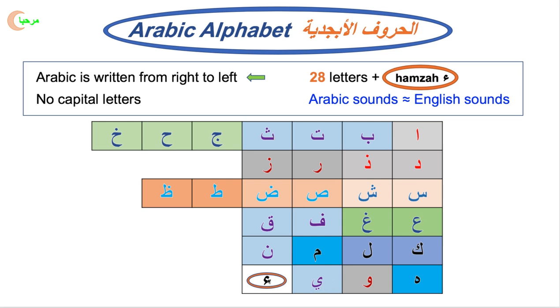Now the last one here is actually the Hamza, the special character called Hamza. And the Hamza, in some books, it's written on top of the first letter. In some books, it's written between these two letters. For me, I just put it here at the end so you understand that it's a different type of symbol or letter.